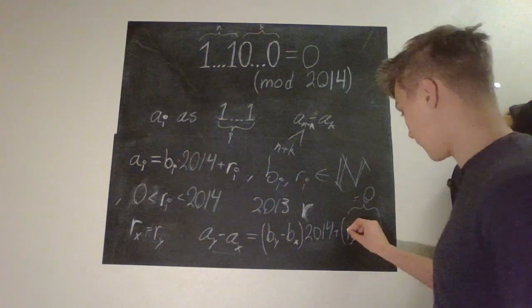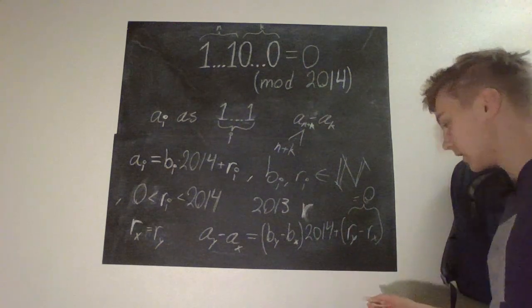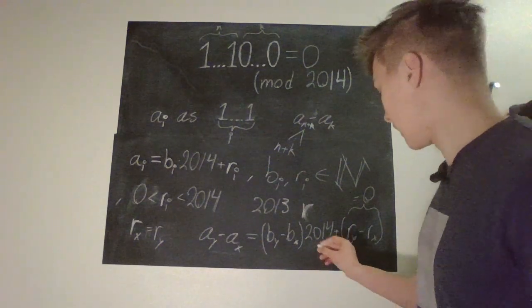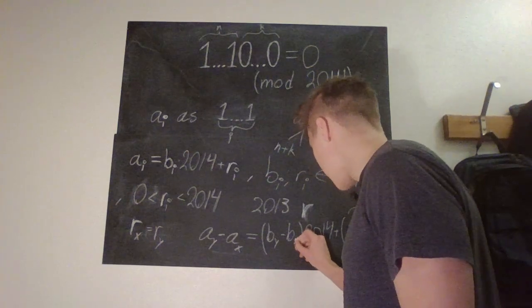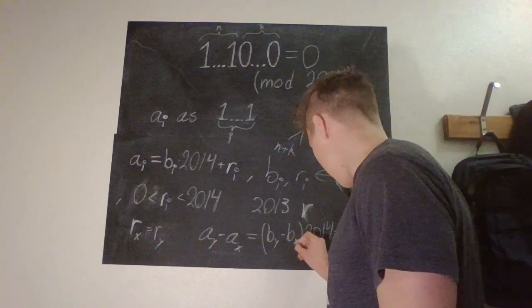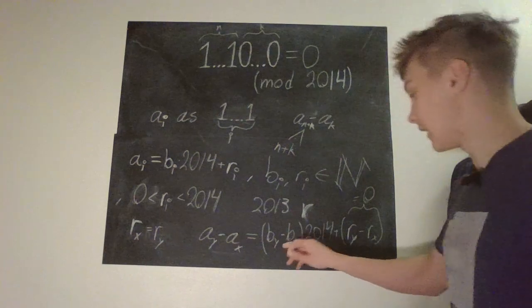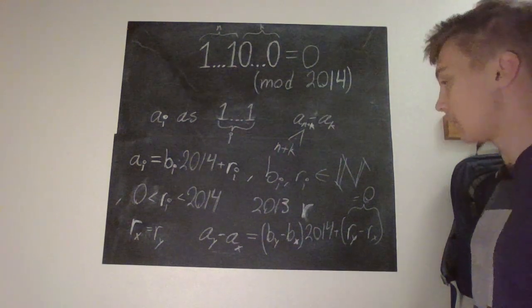That's what we stated before. So we only have this thing here, which is always divisible by 2014, as long as these are not the same.